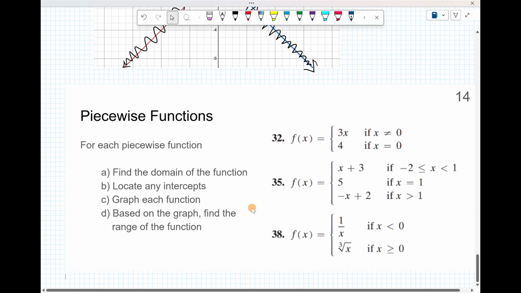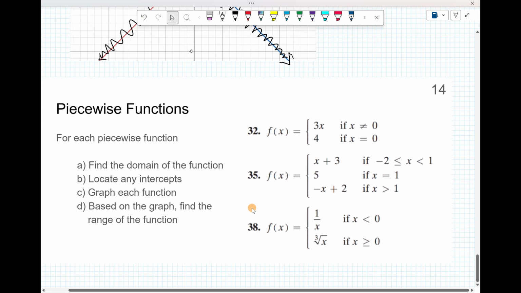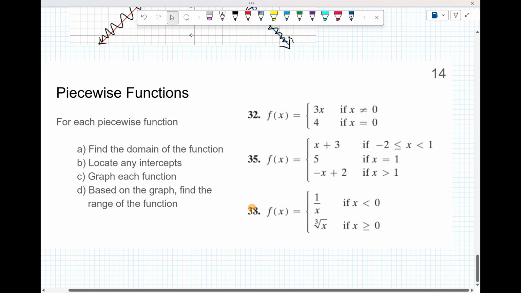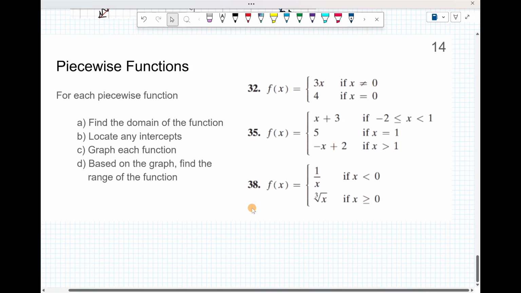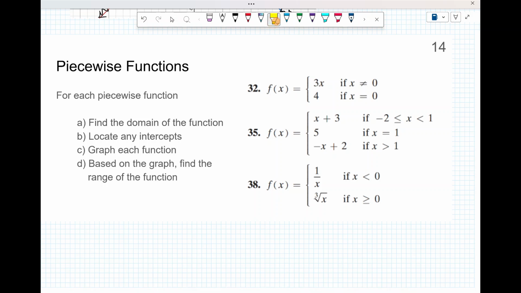So first, we'll find the domain of that function. We're going to locate any intercepts, and we're going to graph the function, and then based on the graph, find the range of the function. When we're finding the domain, it's really easiest to just look at this part right here.